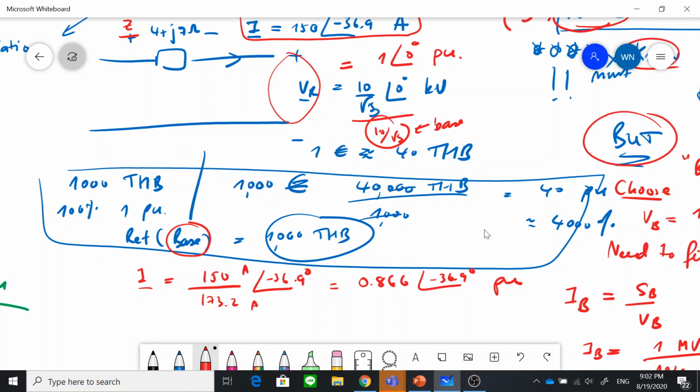So the last thing that you need to do is convert this Z to per unit. So I need to divide this figure by the Z base. Now the Z base, we have to determine it. As a requirement, we need to know S base and V base. You need to know these two, and soon after you know these two, you can find I base, you can find Z base.